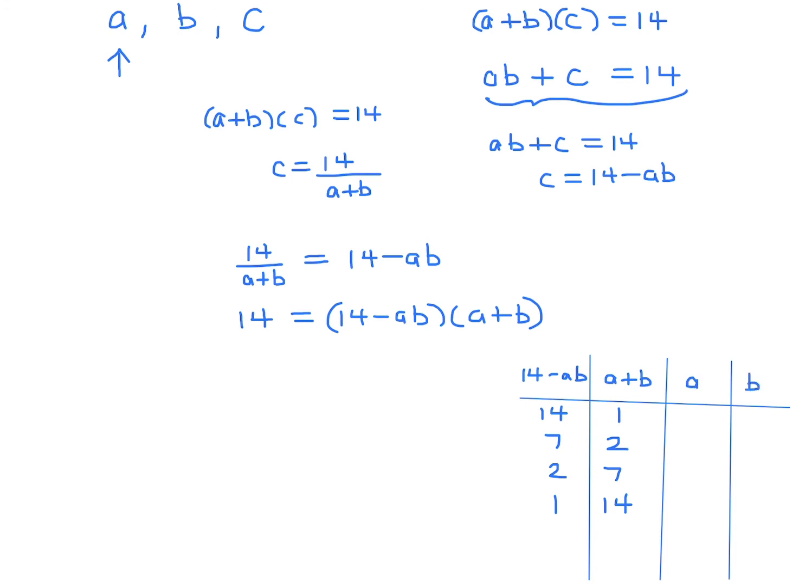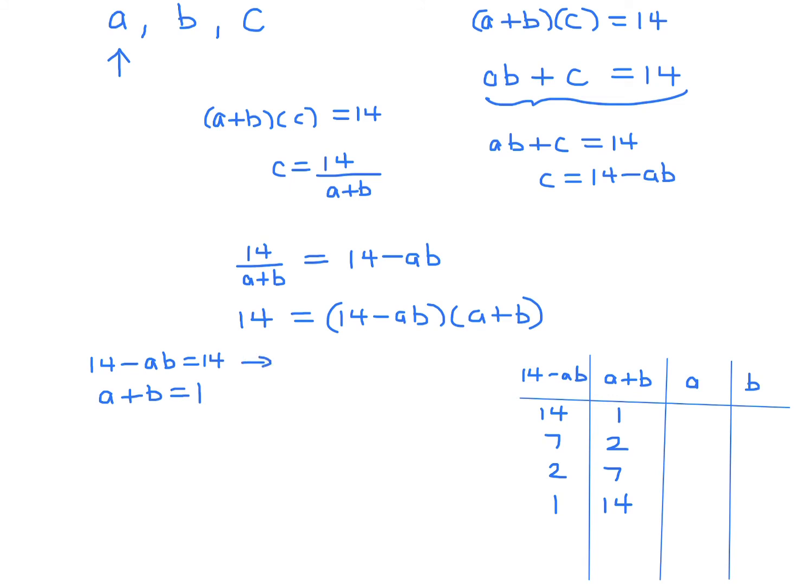b to be integers. If you don't get an integer value, a positive integer value, I should say, then it's not going to work. Well, let's see. Let's do the first one. 14 minus ab is equal to 14. Okay? And we've got a plus b is equal to 1.